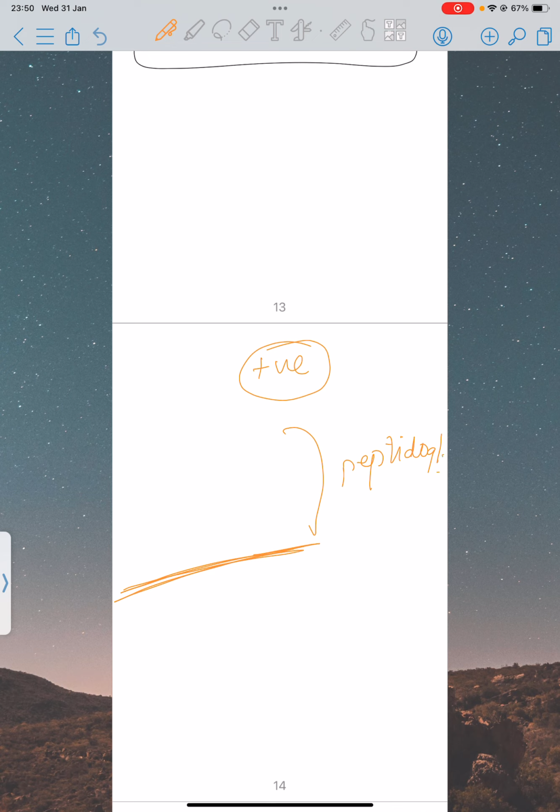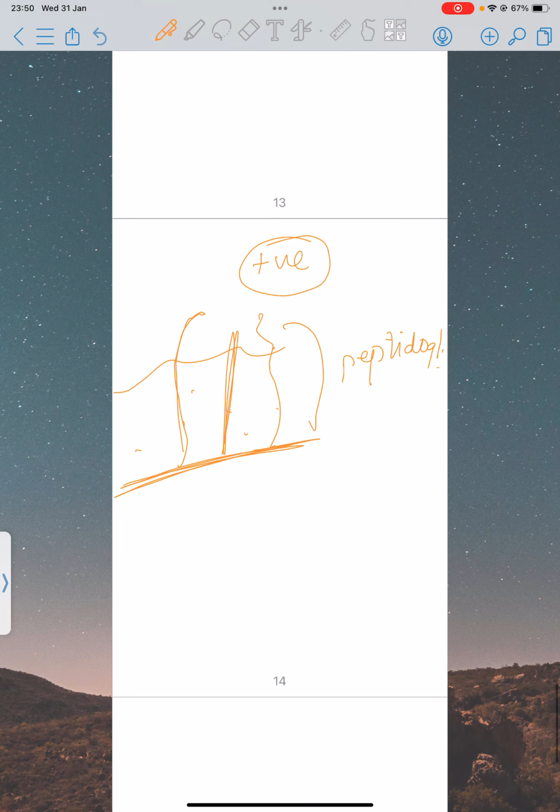And you can also add there are flagella, pili and teichoic acid. These three structures are present in case of gram positive's cell wall.